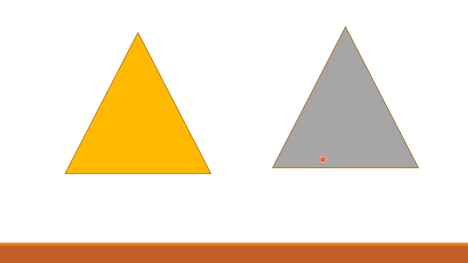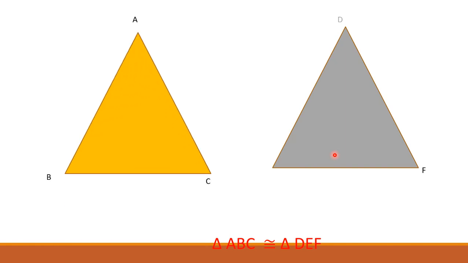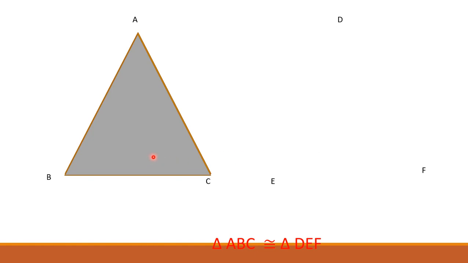So let's take the two triangles ABC and DEF, and try to place one over another. This shows that triangle ABC and triangle DEF cover each other exactly. So these two triangles are congruent by the side congruence condition.